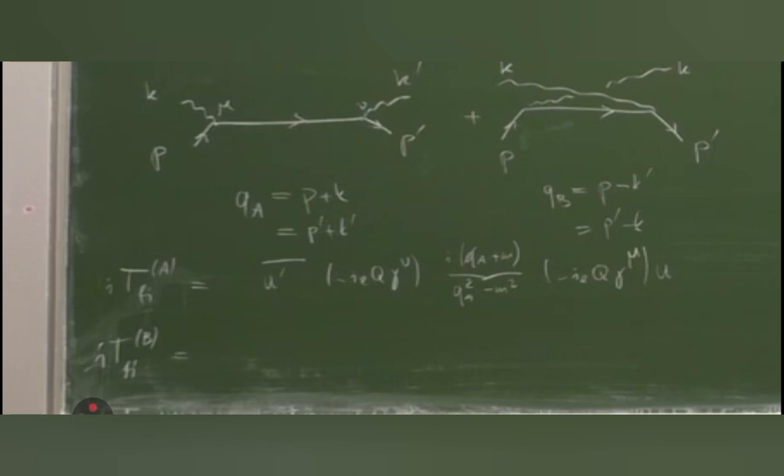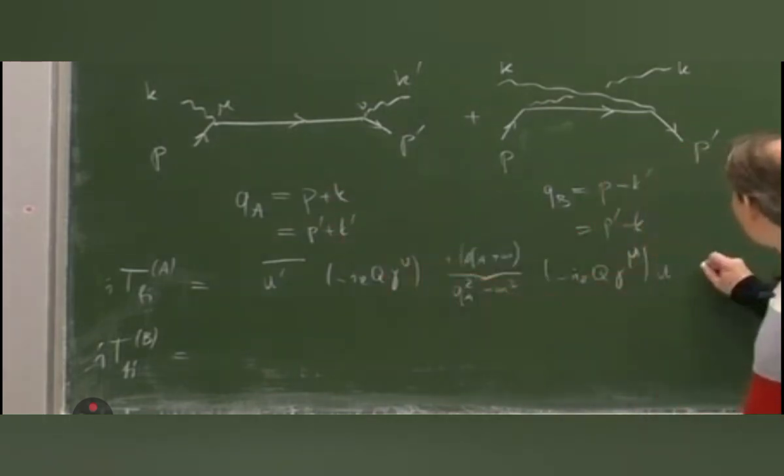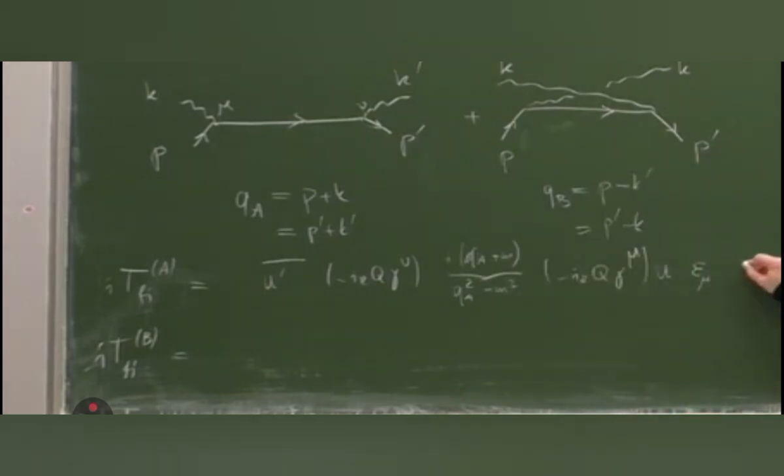We are not done. We also have the Feynman rules for the photons. The photons get Feynman rules for polarization vectors, epsilon mu. So the incoming photon has a Feynman rule epsilon mu, and the outgoing has epsilon prime star mu.